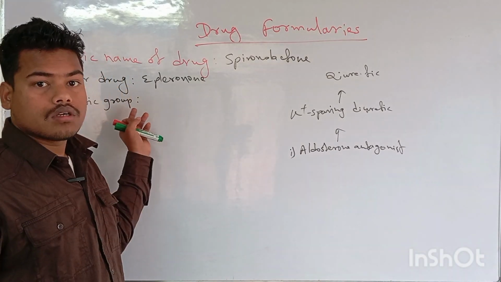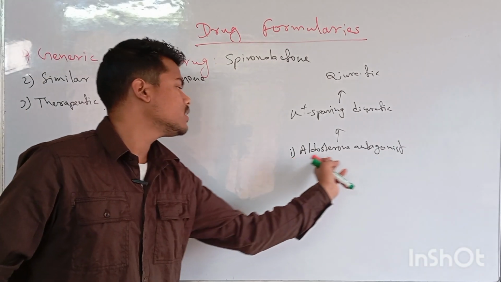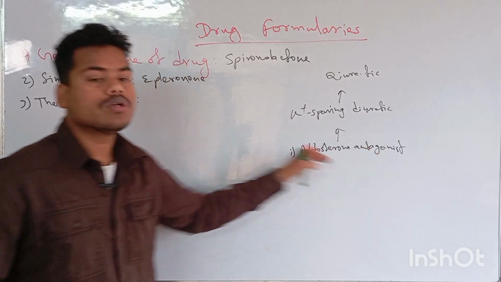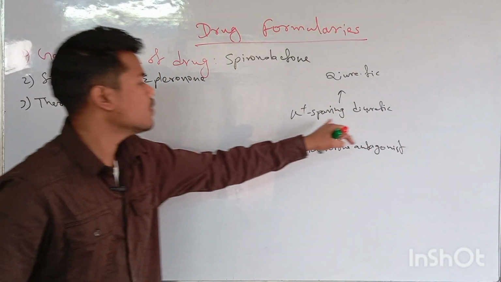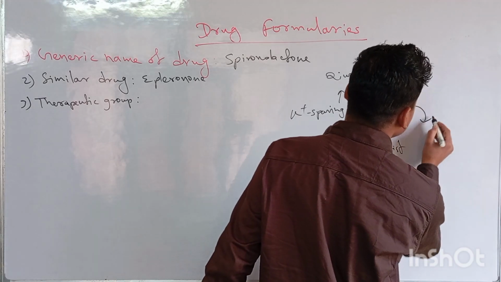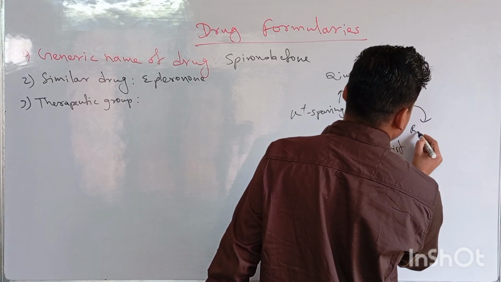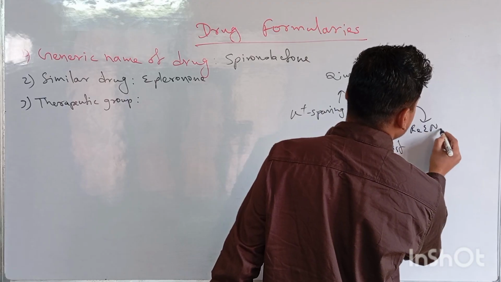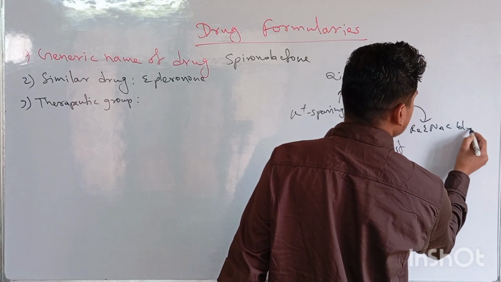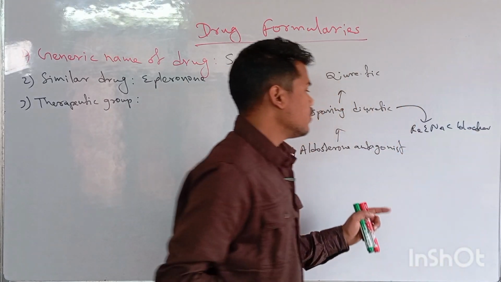So the therapeutic group should be written in the closest hierarchy. The closest hierarchy is the aldosterone antagonist, because K plus sparing also includes renal epithelial sodium channel blockers.